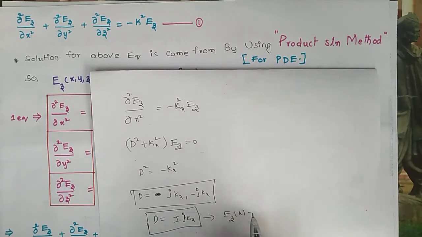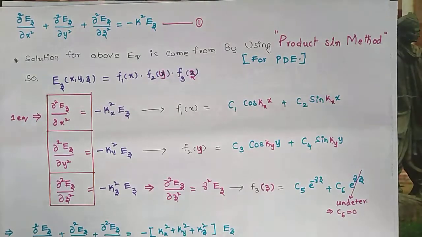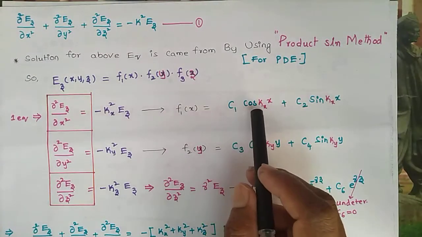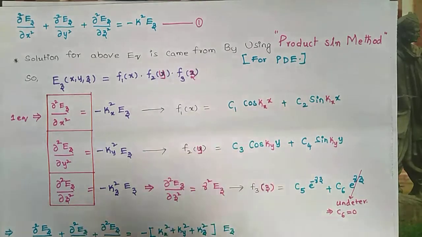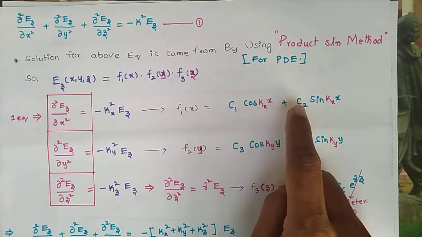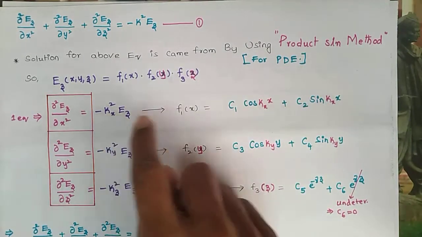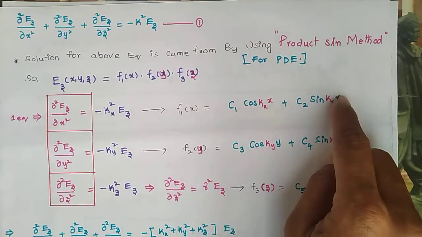Ez of x, that is f1 of x, equals c1 cos kx x plus another constant c2 into sin kx x.